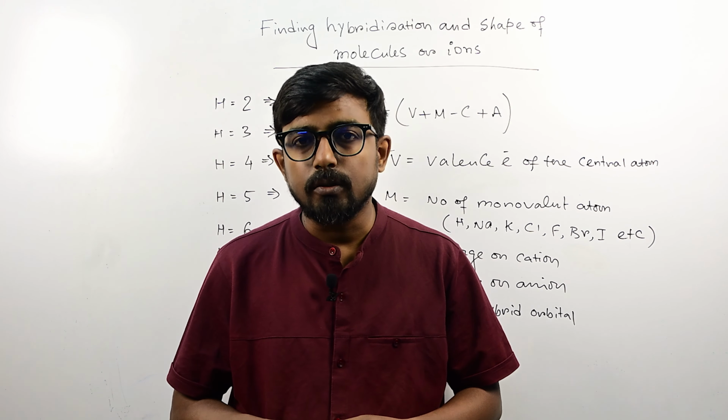First, according to Bent's rule, the axial position will be occupied by the electronegative elements. So here fluorine is the most electronegative element, so it will first occupy the axial position, and then the rest of the positions will be occupied by chlorine.